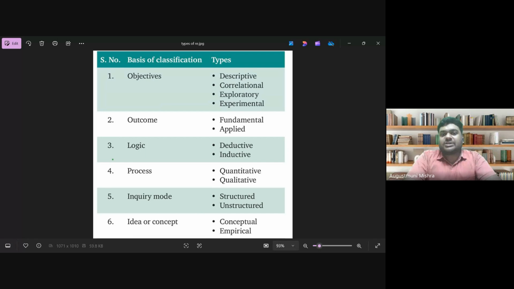In this, the researcher is not manipulating the variables, because in the previous research, experimental research, we talked about the manipulation of variables. Often this is used in the early stages of research to identify the potential of variables for the experimental study.